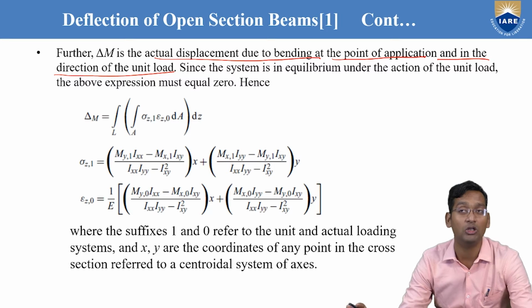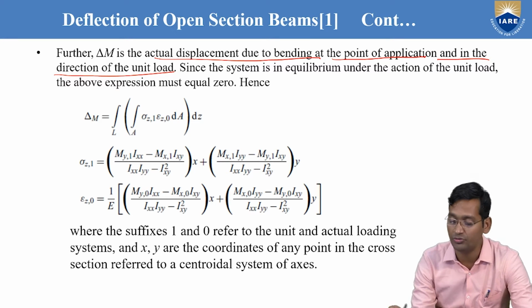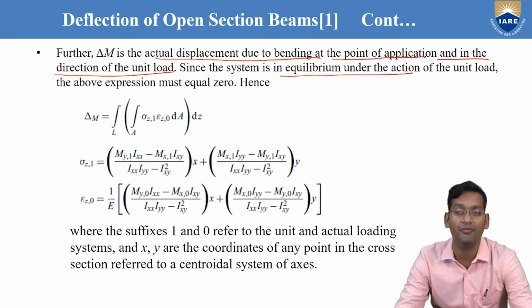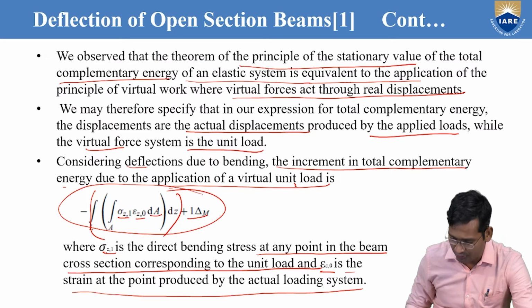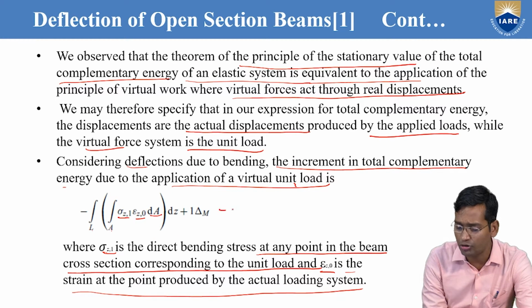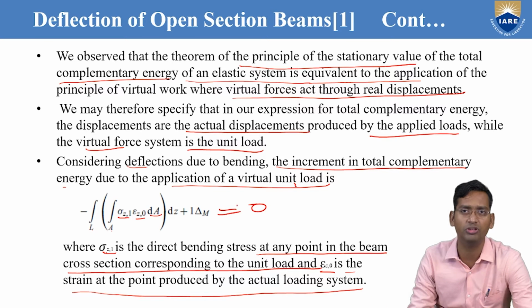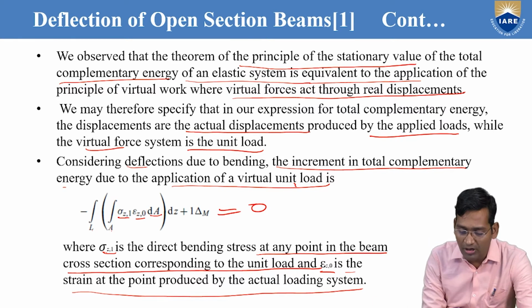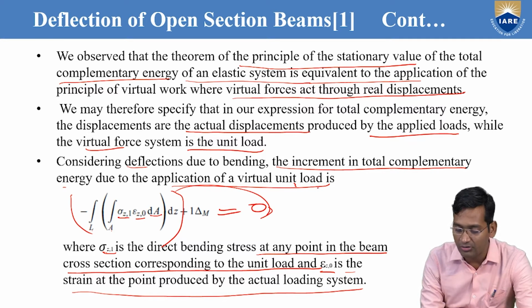Since the system is in equilibrium under the action of unit load, the system should be in equilibrium even after applying the unit load, right? So the above expression must equal 0. For equilibrium, this must be equal to 0. Then only the body will be in equilibrium. Now take this whole thing to this side. Then what we can write?